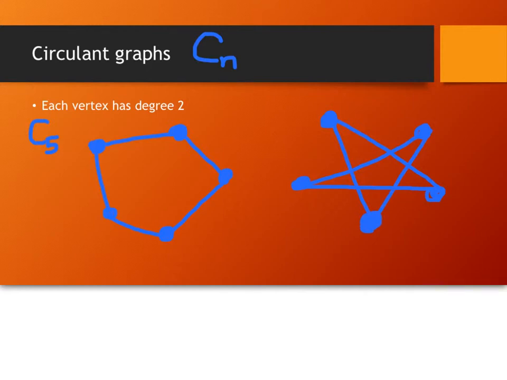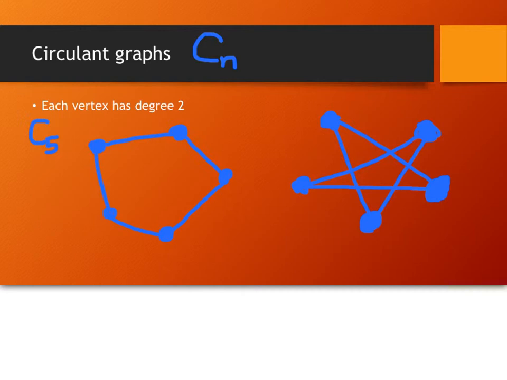And it turns out, obviously, every single vertex, again, has degree 2. If you look, there's 2 points that are connected to every vertex. And I'm claiming that this graph on the left is actually the same as the graph on the right.